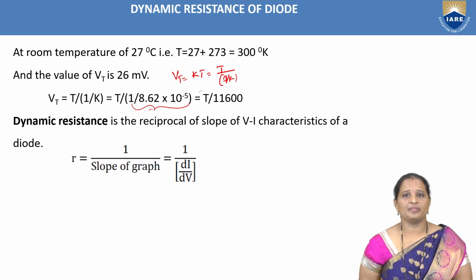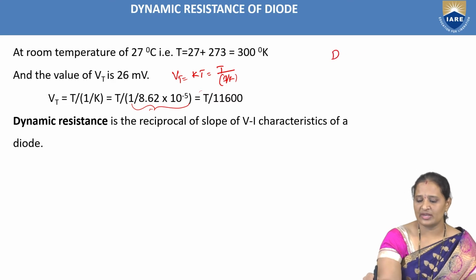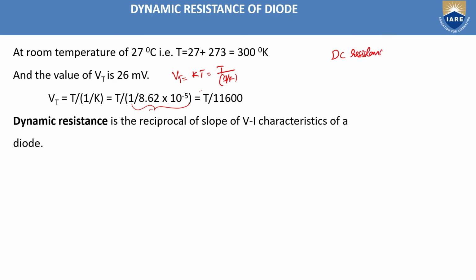Now coming to the resistance. We have two types of resistances. One is DC resistance, or we can also call it static resistance of a diode.